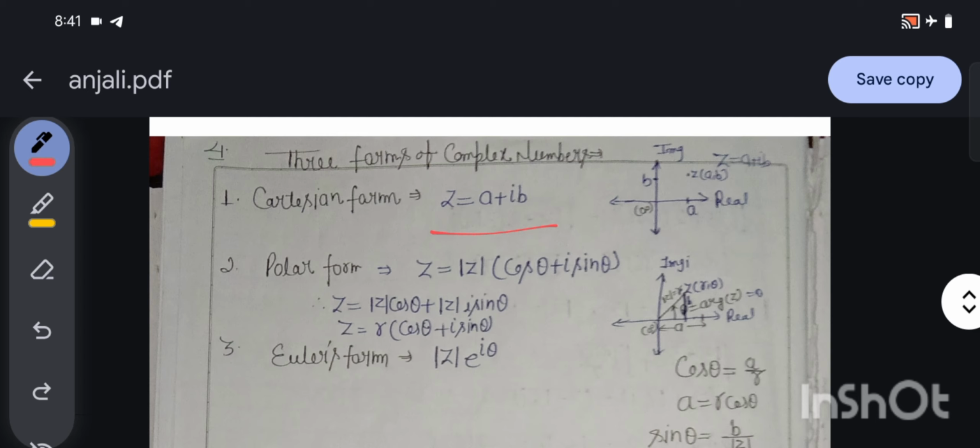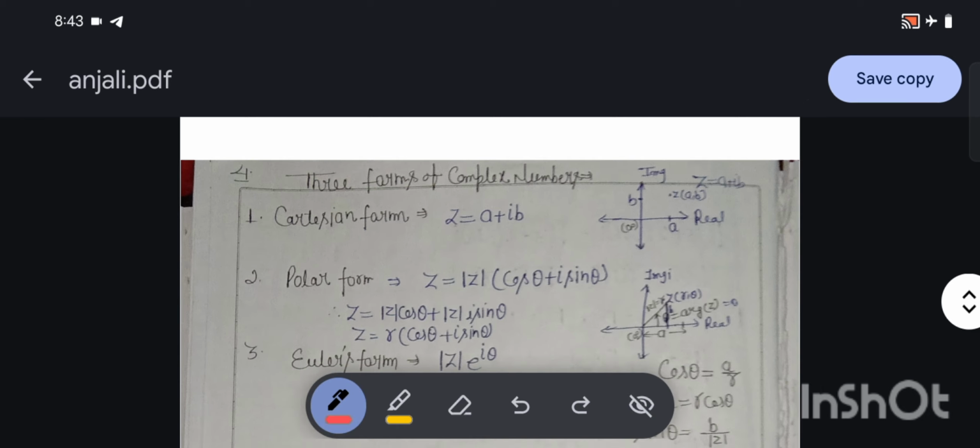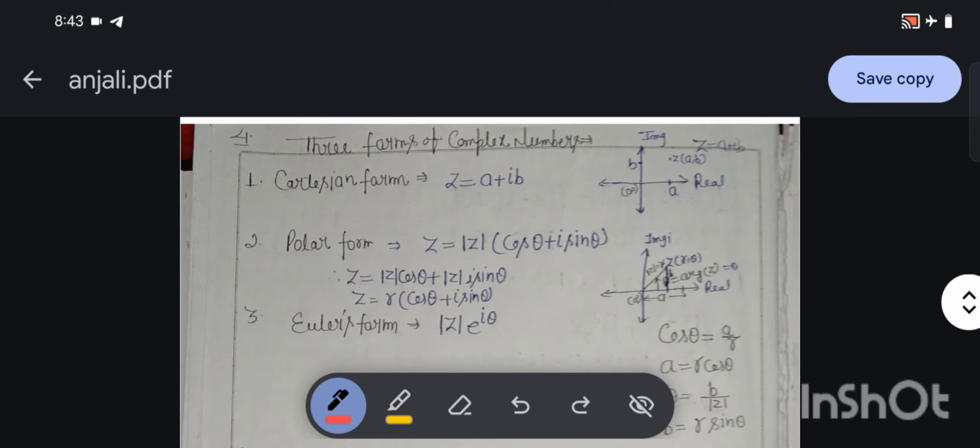The next one is polar form. What is the equation of polar form? z is equal to mod of z (cos theta plus iota sin theta), and mod of z is equal to r. So we have three forms of complex number. First is Cartesian form, second is polar form, and third is Euler's form. The equation of Cartesian form: z equal to a plus iota b, and a and b are the complex point in ordered pair.